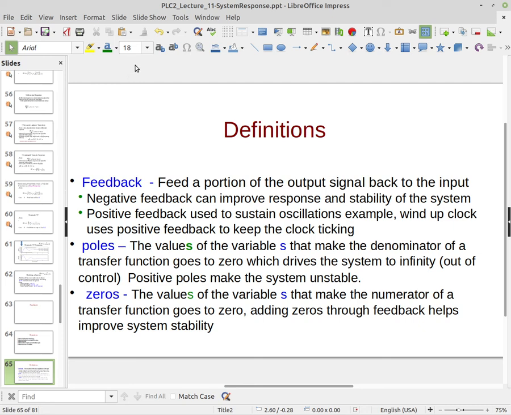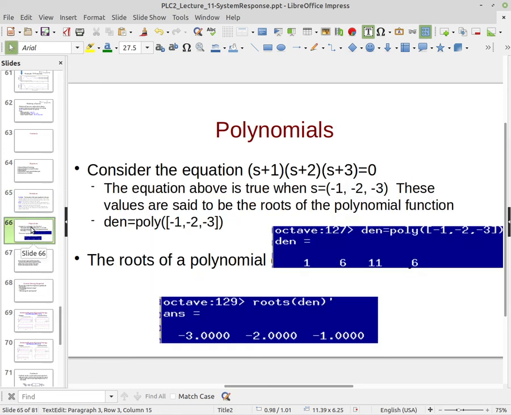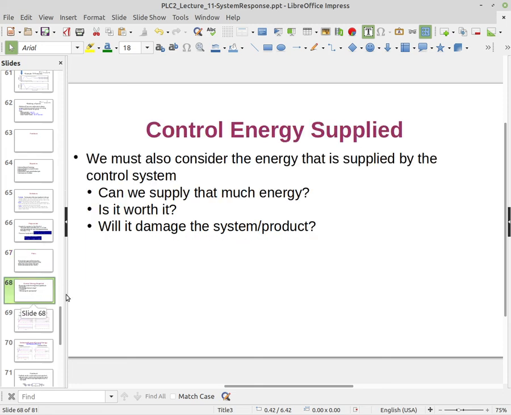So we could add a pole, we could add a zero, or we could just shift the poles that are there. Okay, so this is just still talking about the poles.